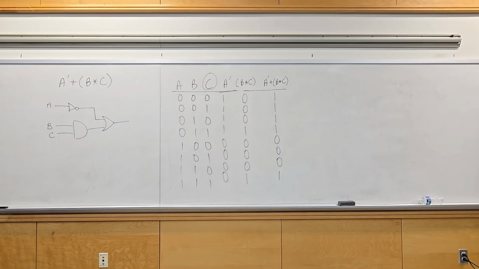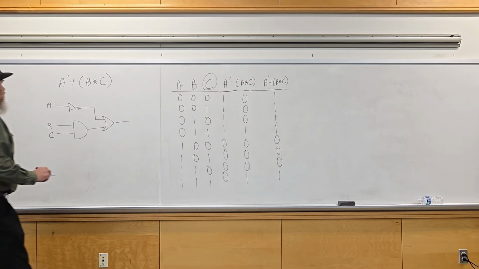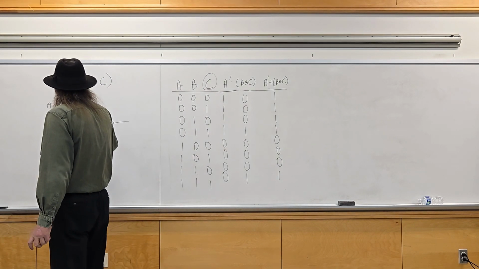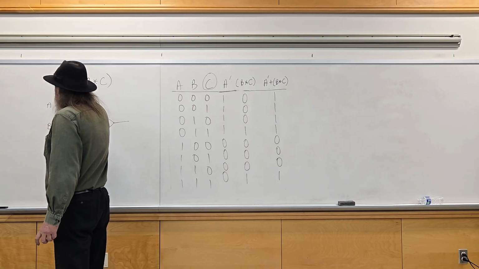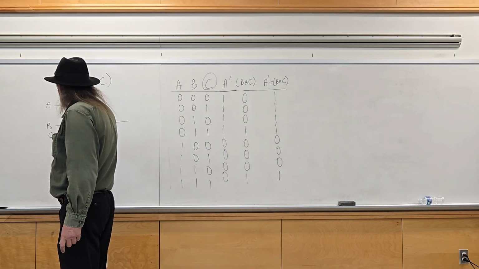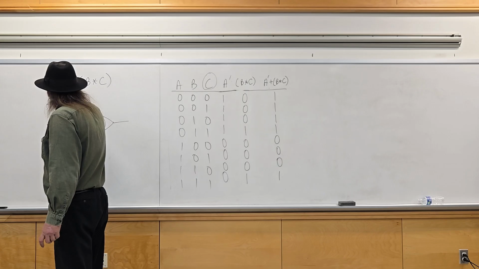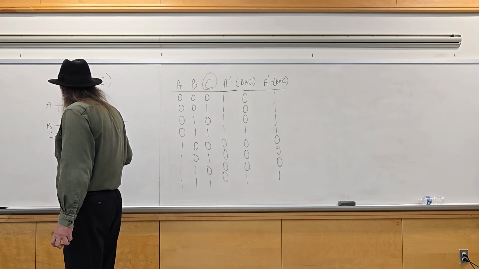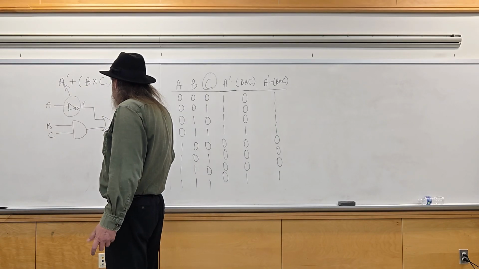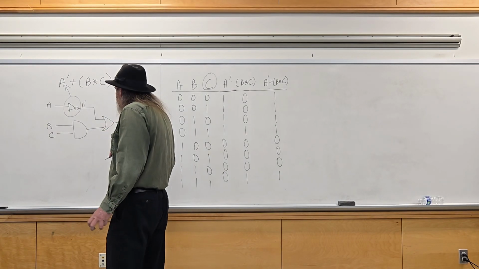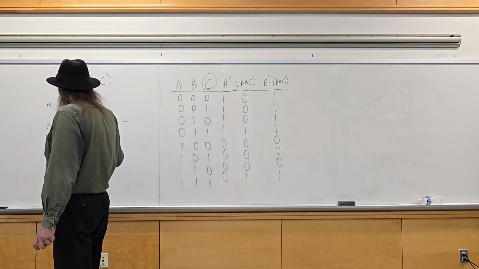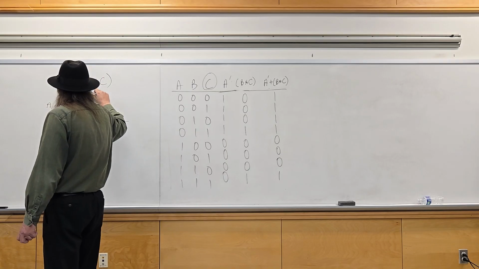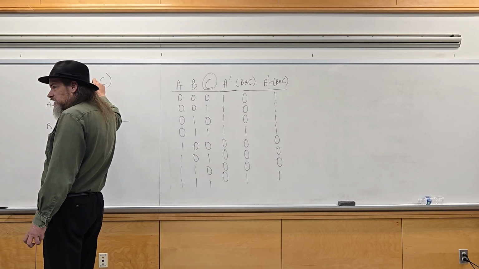Oh, okay. Well, in this situation, you have A inverted. So that's right here. So this is A invert, or A not, however you want to express it. Then you have the contents of the parentheses, which is an AND.